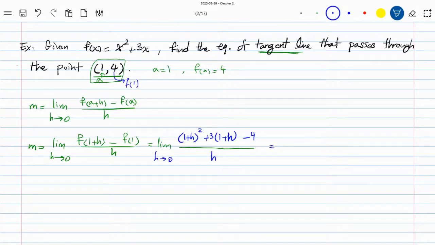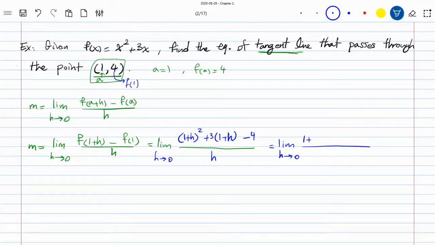Now, raise 1 plus h to the power 2, distribute the 3, see what we get. Limit as h approaches 0. There we go. What is 1 plus h squared? I'm going to skip through the steps.